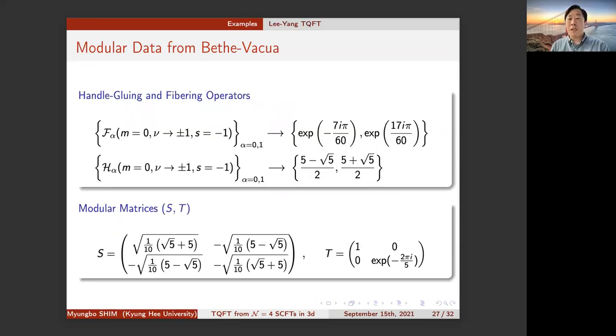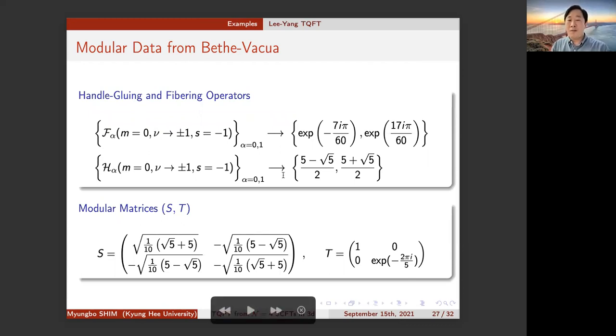Using these Bethe-vacua and the saddle point approximation of the squashed three-sphere partition function, we can compute the handle-gluing operator and fibering operator in the degenerate limit. Then we can obtain this analytic expression.